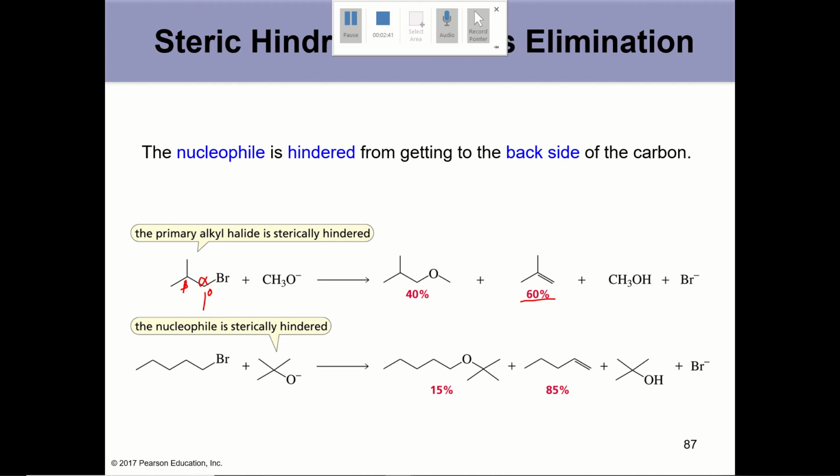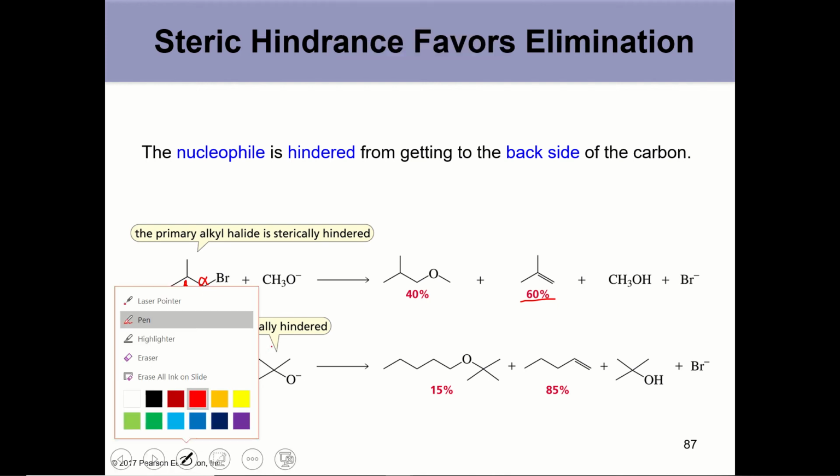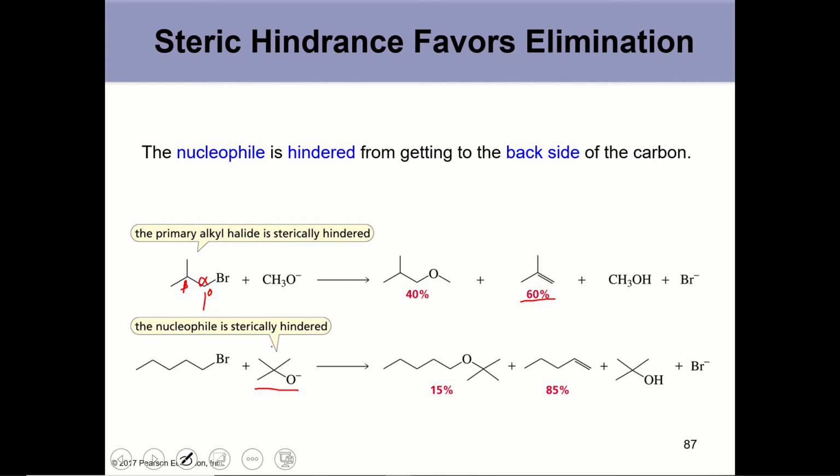So we showed you earlier that if we have a sterically hindered nucleophile, such as tert-butoxide, or we also showed you some other sterically hindered nucleophiles, with 3 ethyl groups bonded to a carbon that's bonded to oxygen, or 2 methyl groups and 1 ethyl group, those are all sterically hindered oxynucleophiles.